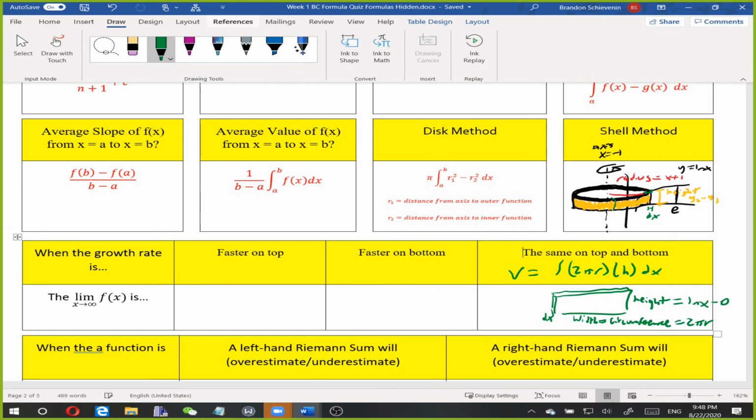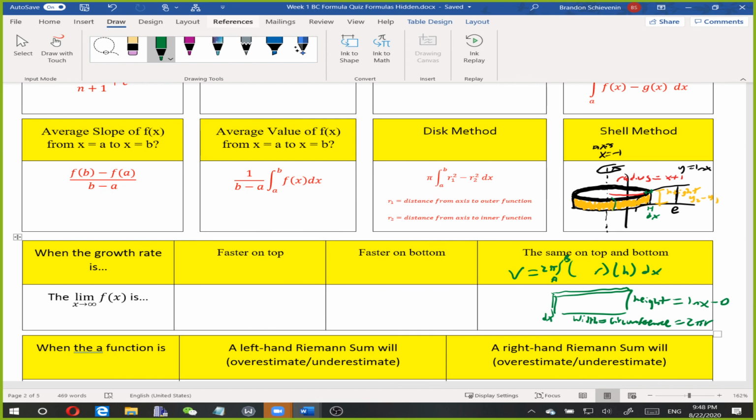So I'm going to integrate this from point A to point B. 2 pi is a constant, so I can pull that outside the integral, 2 pi. And I'm left with radius, height, and width, or RHW, where my W is dx, as long as you are spinning around a vertical line.